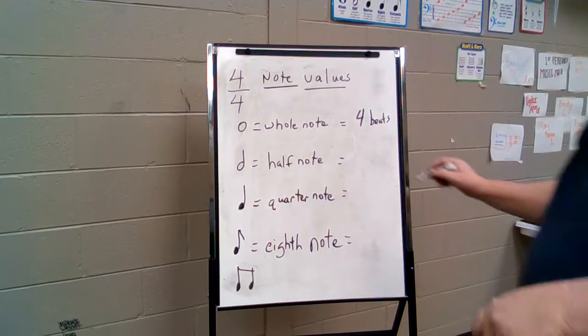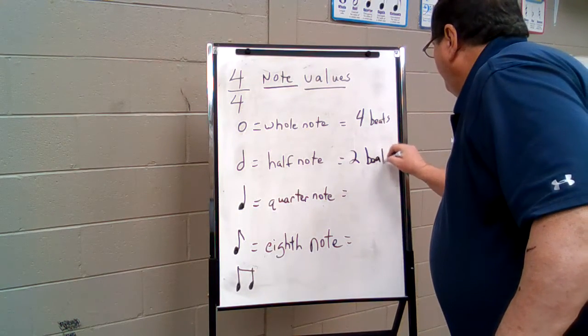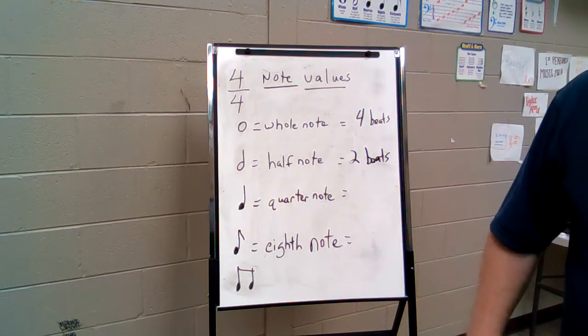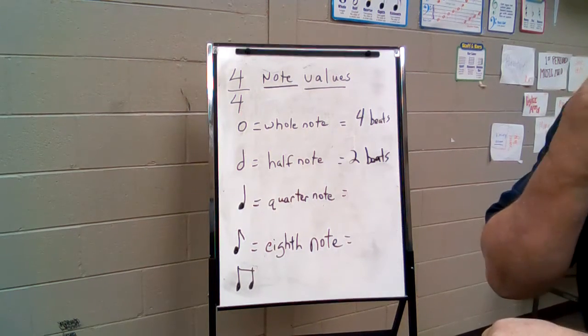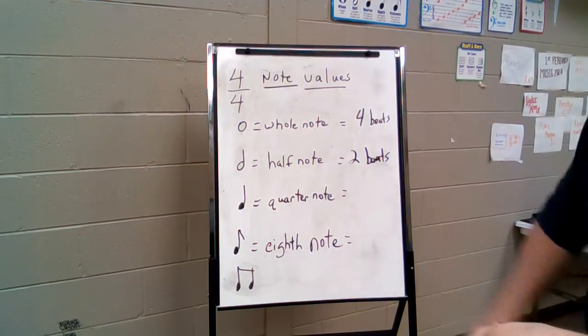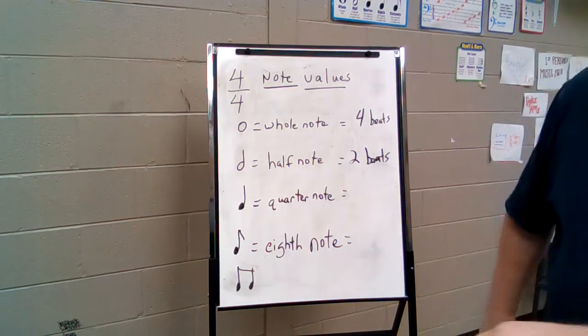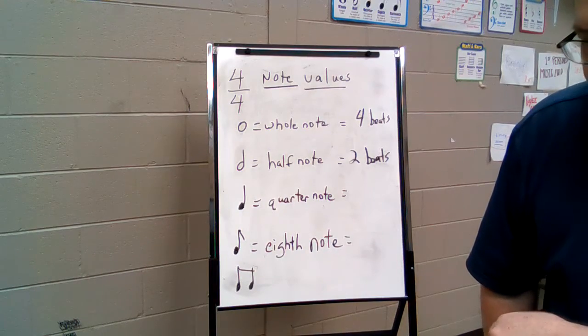Now, half note gets 2 beats in 4/4 time. Okay, half note gets 2 beats. Now, if I was going to play a measure of half notes, it would require two half notes because each of these gets 2 beats. You've got 4 beats in a measure, so 2 times 2 is 4. So we'll have to have 2 half notes to create a whole measure in 4/4 time.